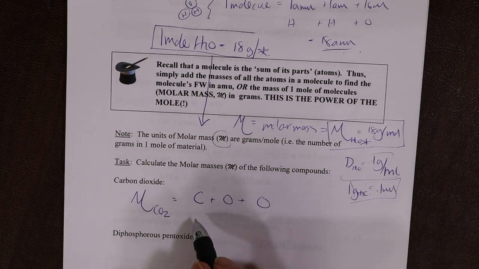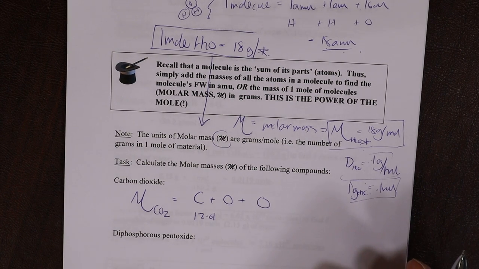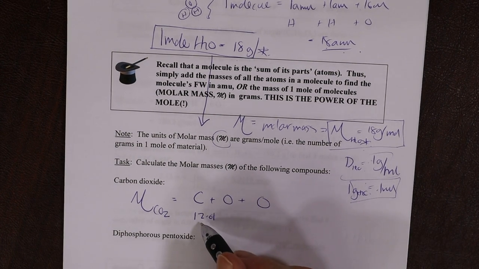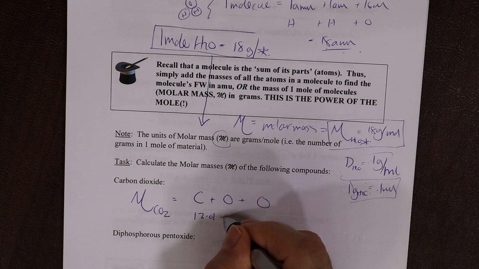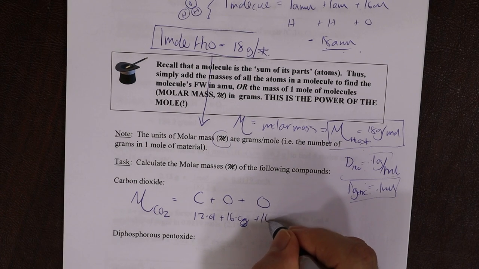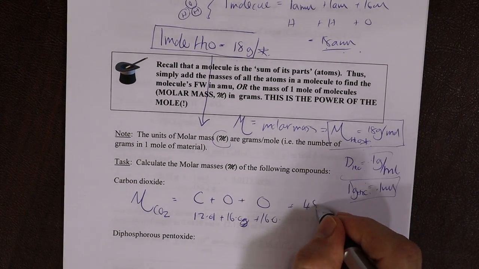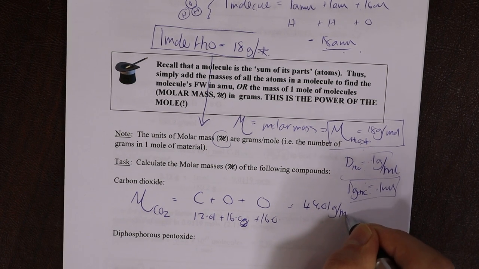Hey, fair enough. What does carbon weigh? 12.01 AMUs per atom, 12.01 grams per mole, right? Oxygen weighs 16. Cool, we just won't worry about the units. 16. It's grams per mole, right? Add it all up, what do you get? 44.01 grams in 1 mole.